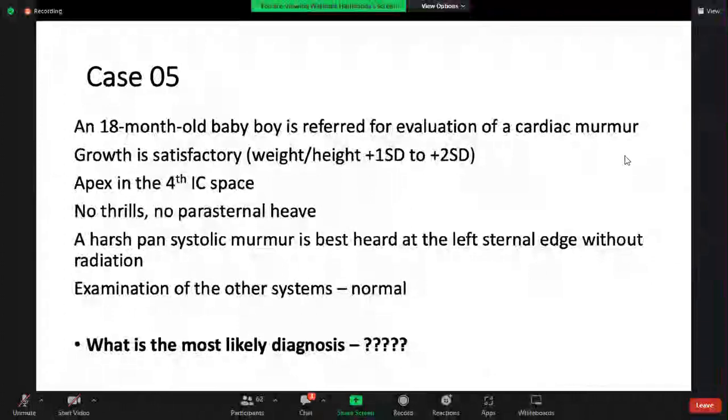So children are not mini adults. That's what you need to understand. We can't apply everything we practice in adult medicine to pediatrics; it could be completely different. Excuse me, madam. Yes. In this case, is the heart failure due to the acute onset of rheumatic fever or a past history of cardiac disease leading to cardiac failure?